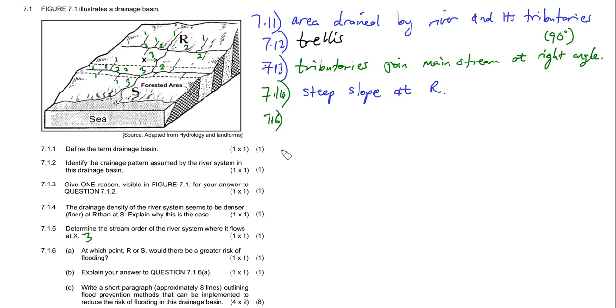7.1.6. At which point, R or S, would there be a greater risk of flooding? Why? Where will we have greater risk of flooding? Explain your answer. So will we have a greater risk of flooding at S?